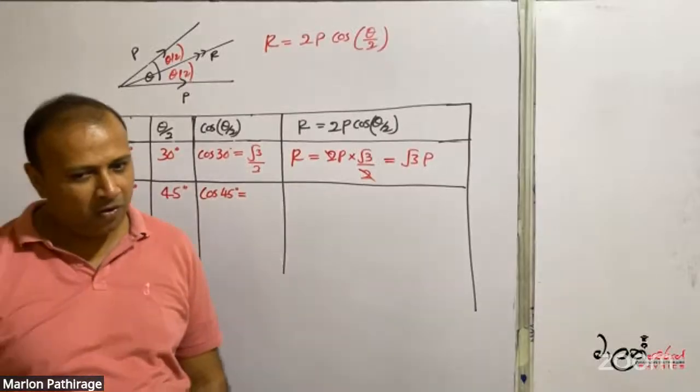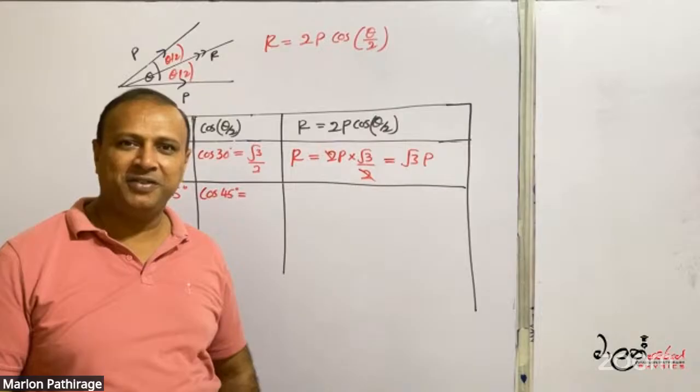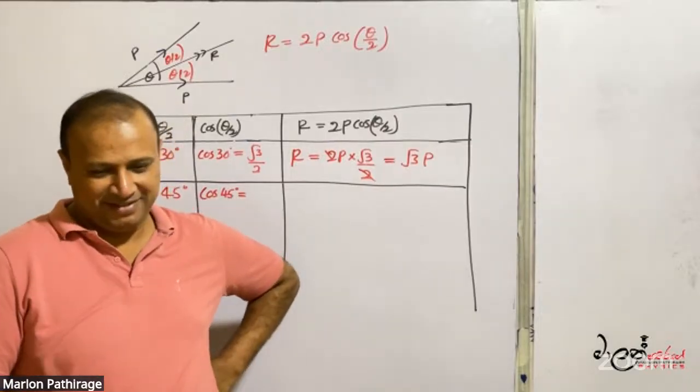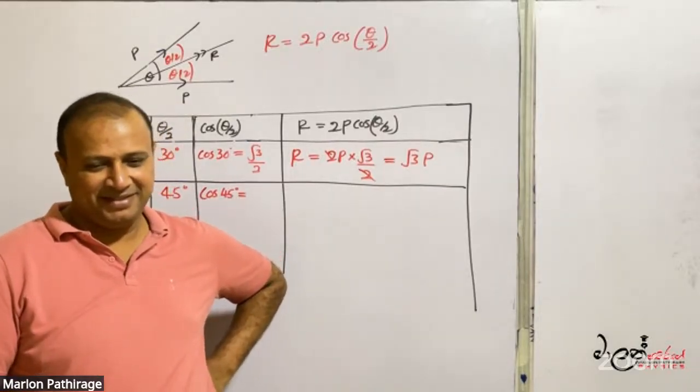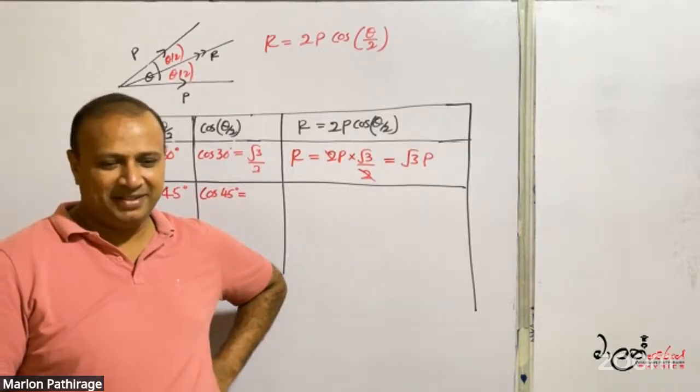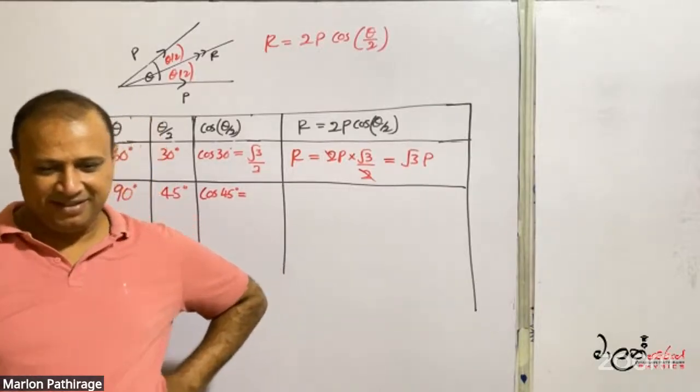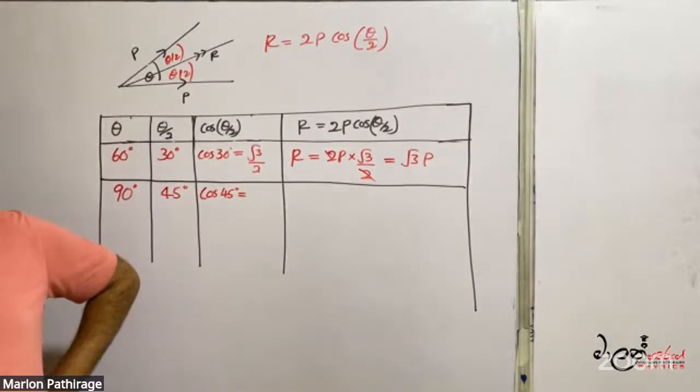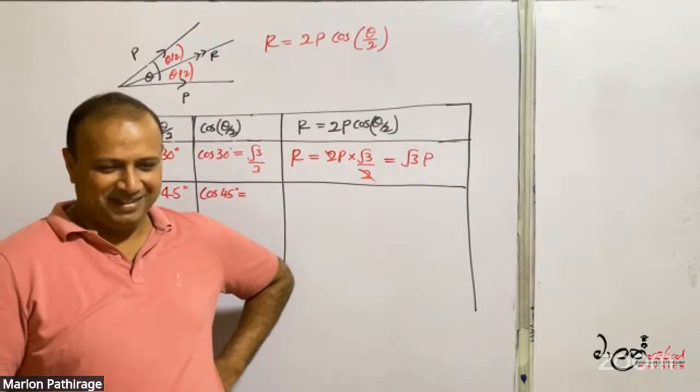No. That is tan 45. Cos 45. Root 3 over 2, no?